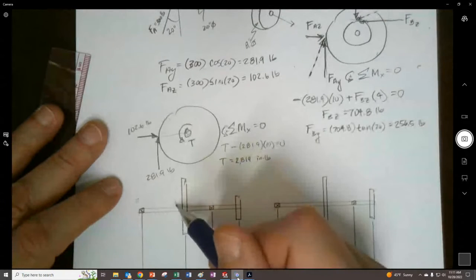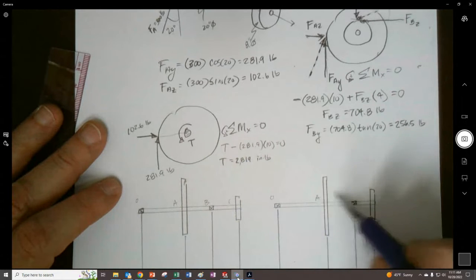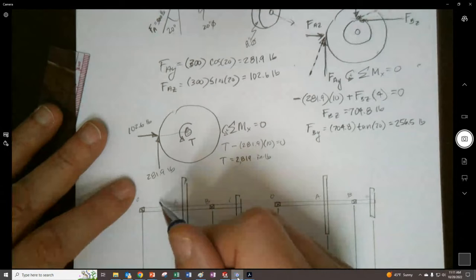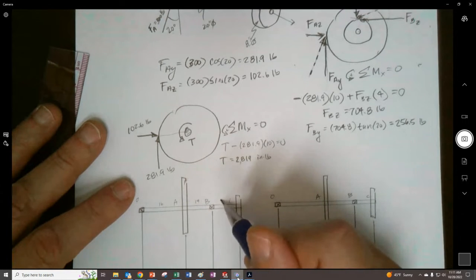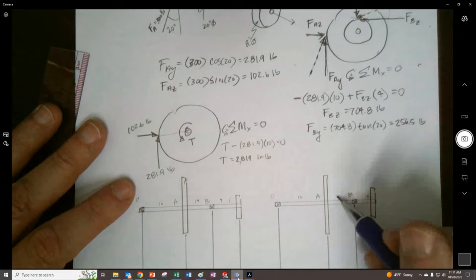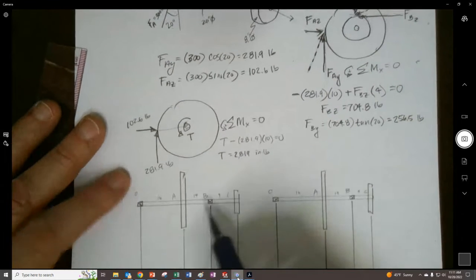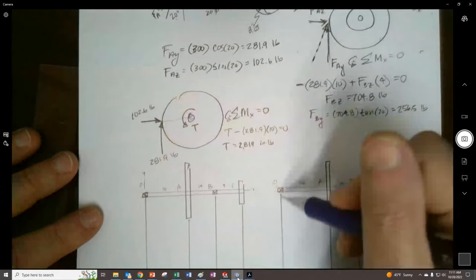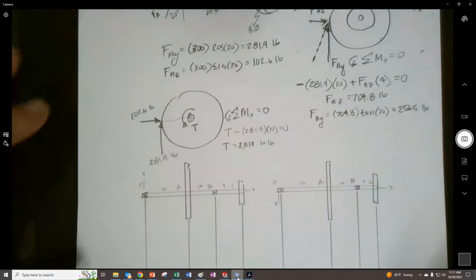Remember that this is O, A, B, and C. And while I'm talking about it, let me label this as 16, 14, and 9 to help me orient myself. Now this is the Y direction, and this is the X direction. This is the Z direction, and this is the X direction.